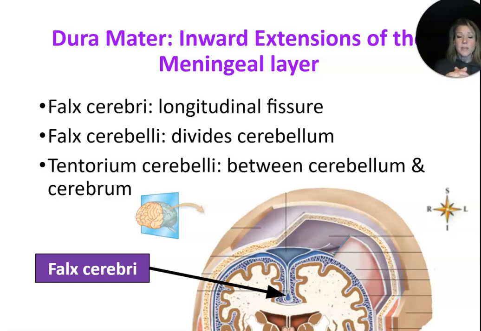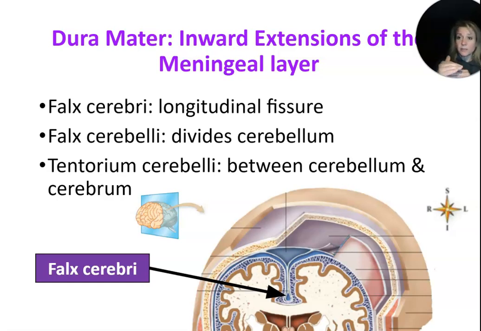So that word F-A-L-X is pronounced fox. So the falx cerebri is where the meninges fold inward into the longitudinal fissure. The falx cerebelli is what is going to divide the cerebellum into two parts. And then the tentorium cerebelli is going to be between the cerebellum and the cerebrum.